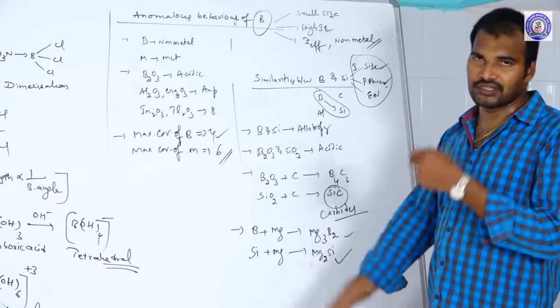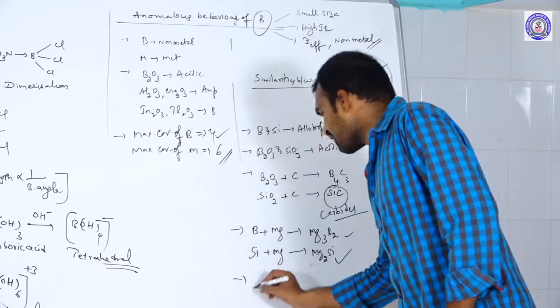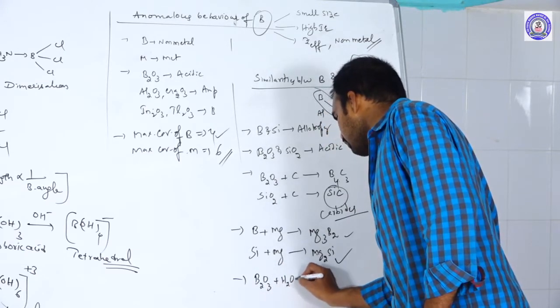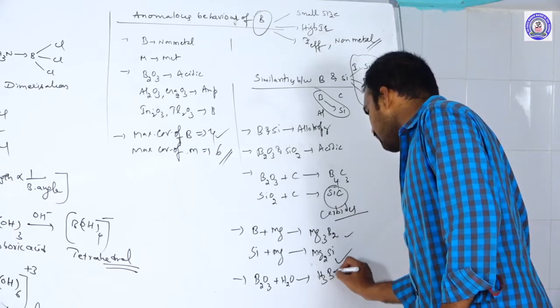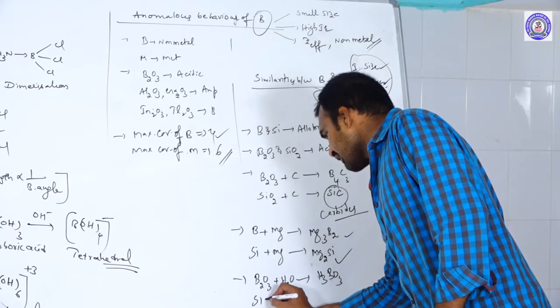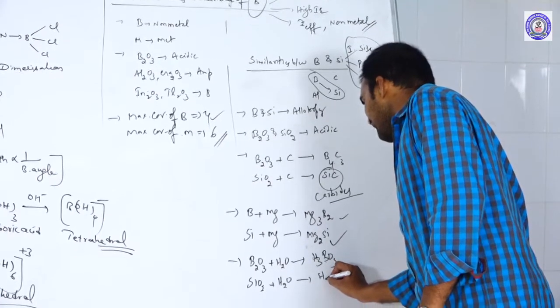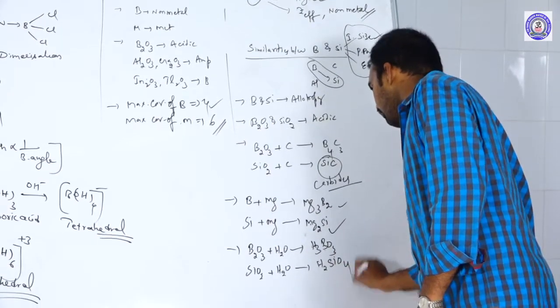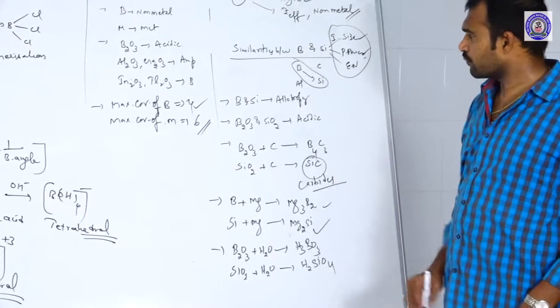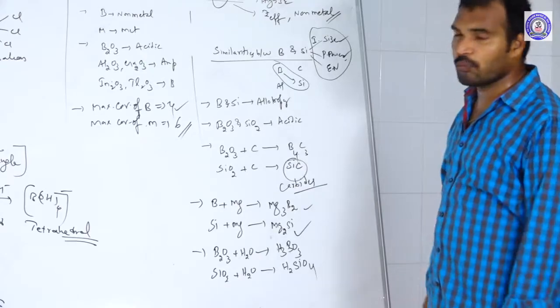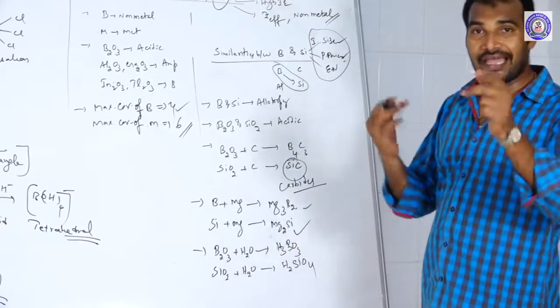So they both form covalent compounds. Similarly, on hydrolysis, B2O3 gives boric acid, H3BO3, whereas SiO2 gives silicic acid, H2SiO4. So on hydrolysis, both oxides of boron and silicon form their corresponding acids.